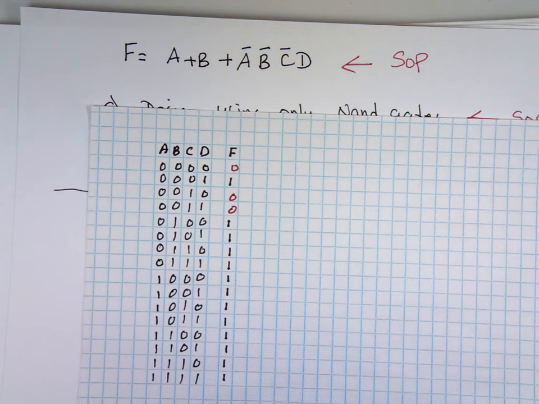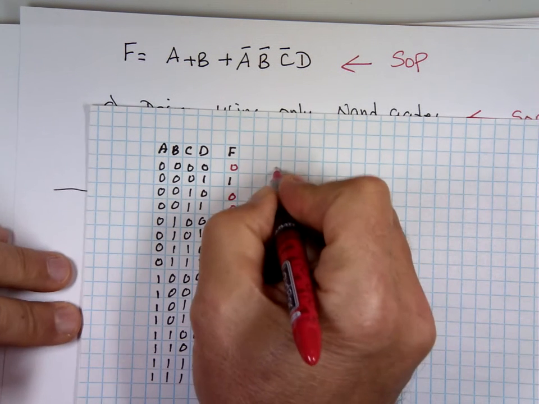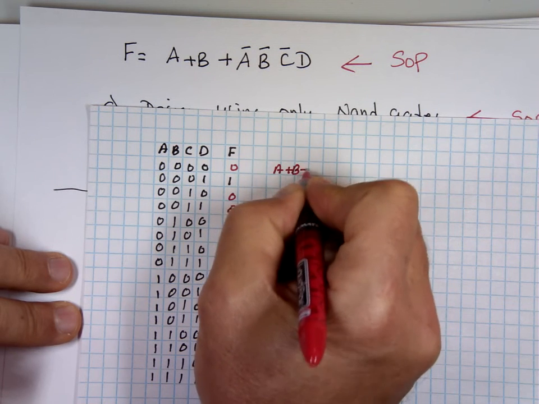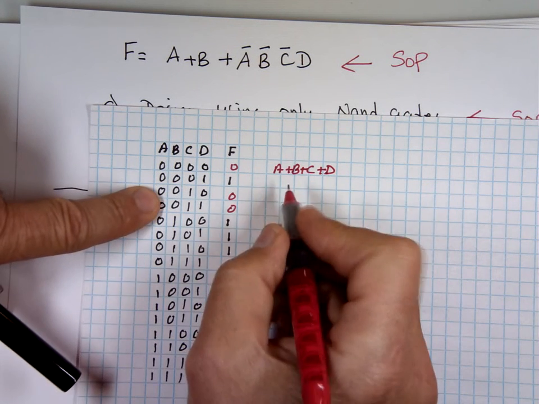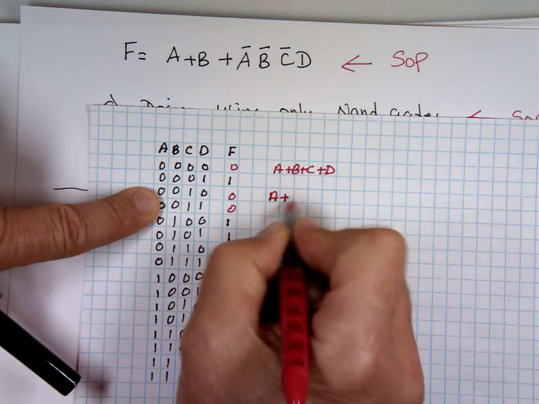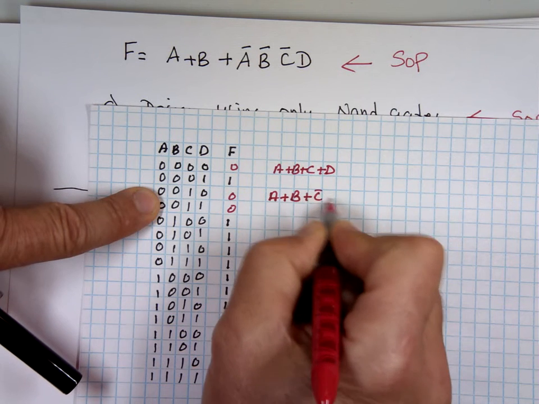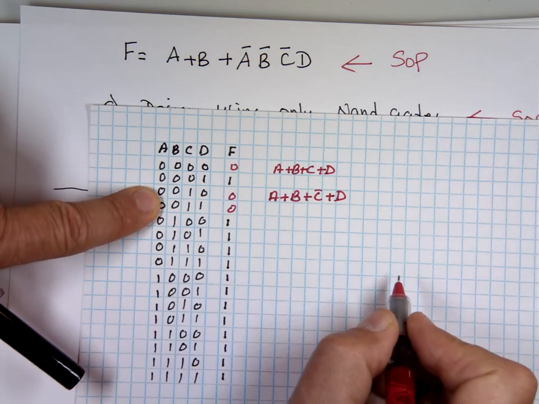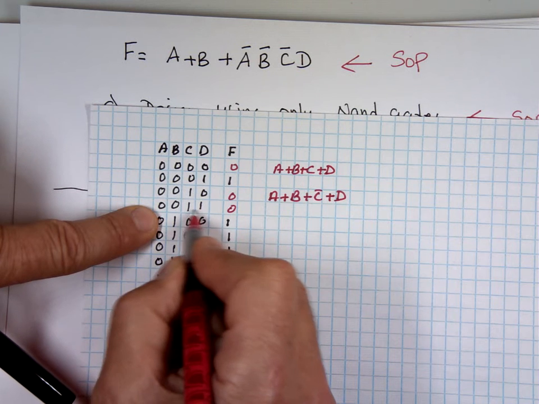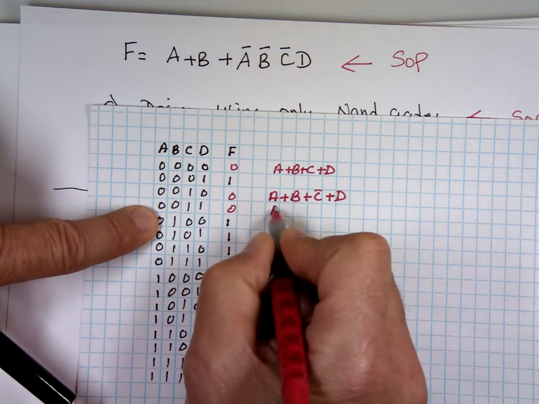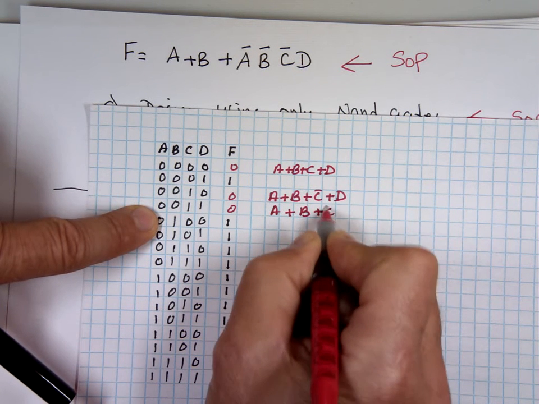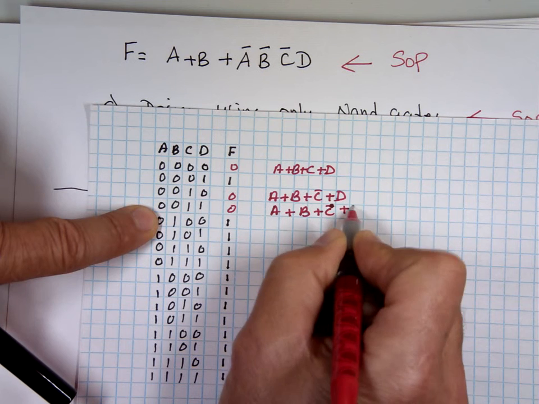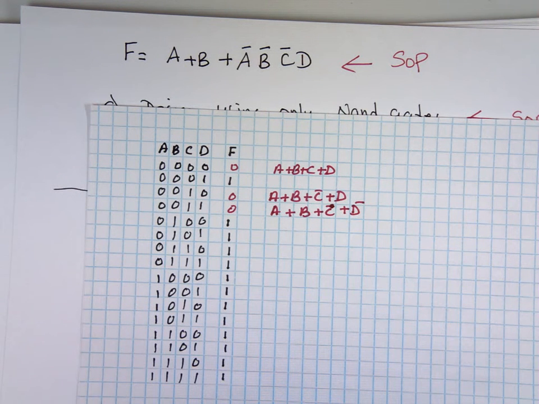If you write that as a max term, this is A plus B plus C plus D. And this one is A plus B plus C bar plus D. And this one is A plus B plus C bar plus D bar, is it? That's when your function is 0.